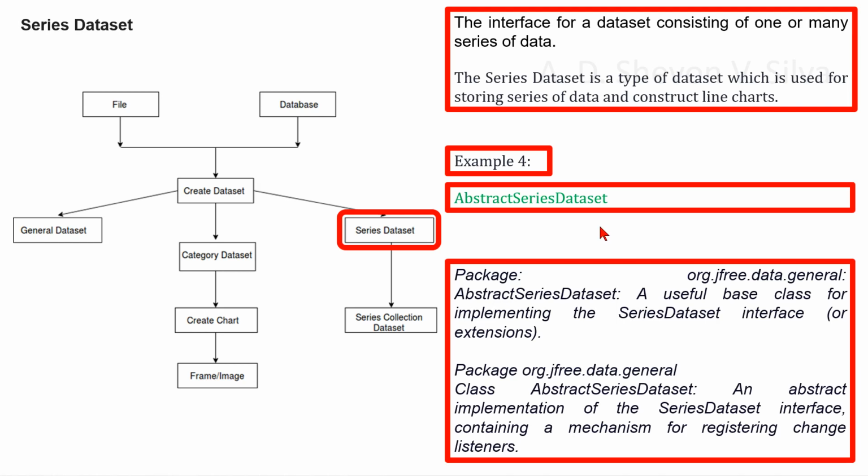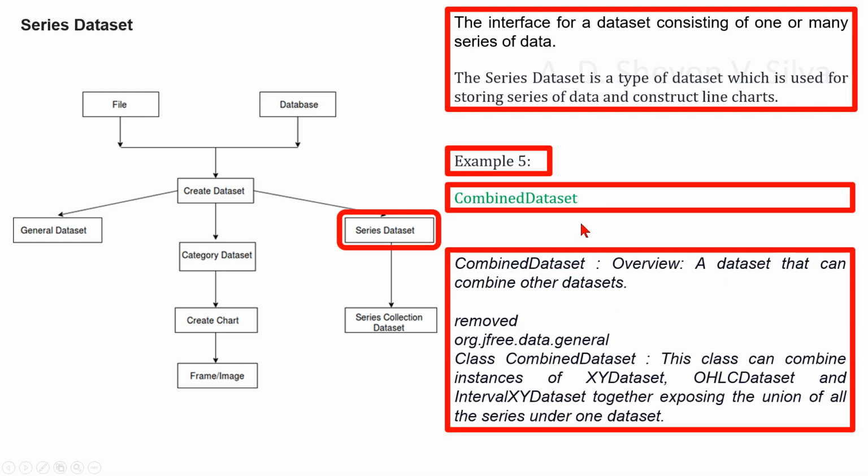Class abstract series dataset in package org.jfree.data.general is an abstract implementation of the series dataset interface containing a mechanism for registering change listeners. This class extends abstract dataset.